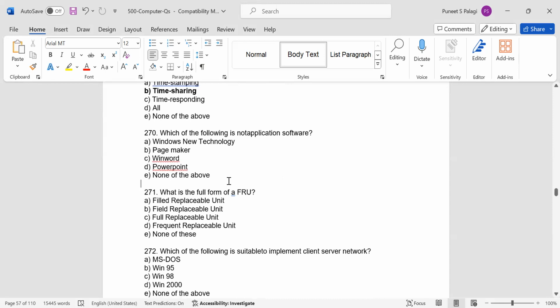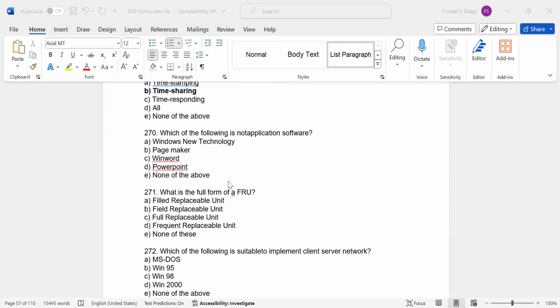Which of the following is not an application software? Windows, PageMaker, WinWord, PowerPoint. That's Windows NT, new technology.